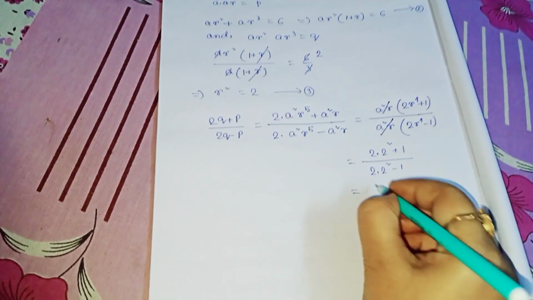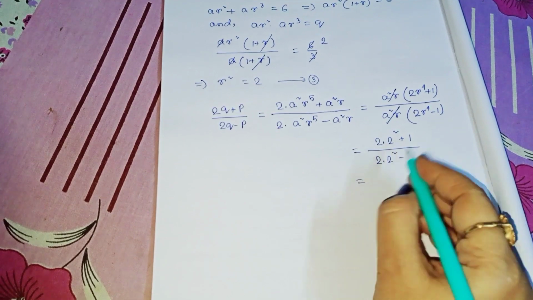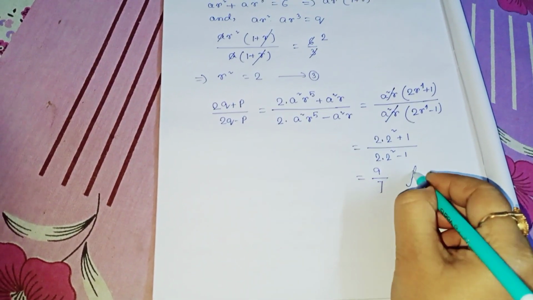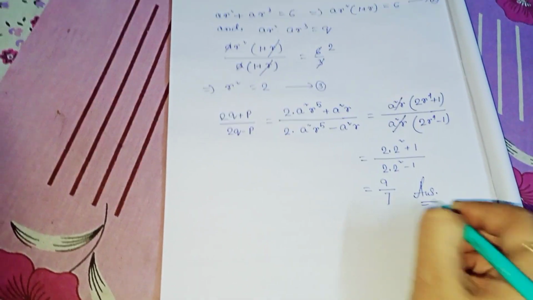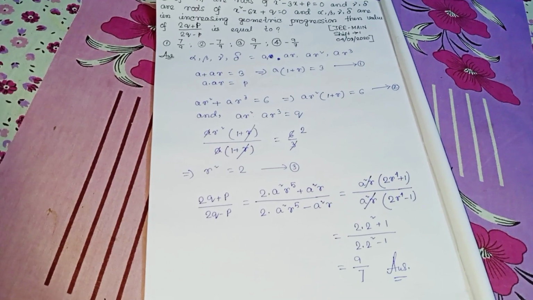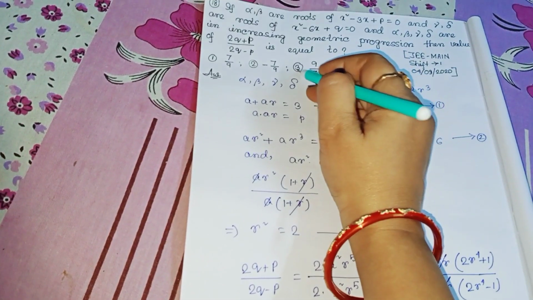So here we get 4 into 1, 2 is equal to 8 plus 1 is 9, divided by 7. So we reached our required value, and our option is option 3.